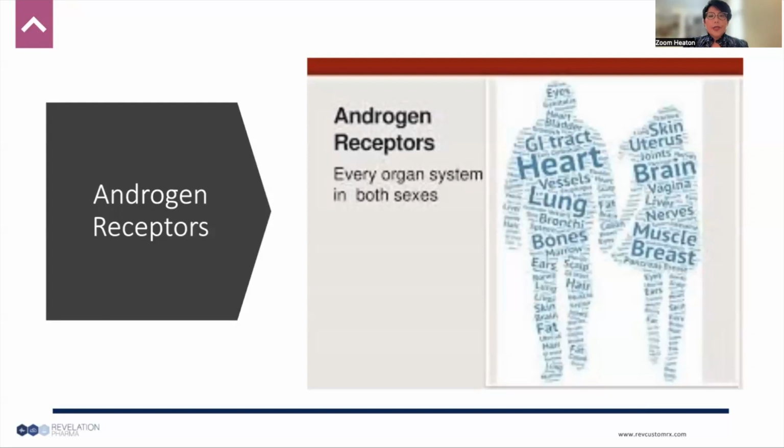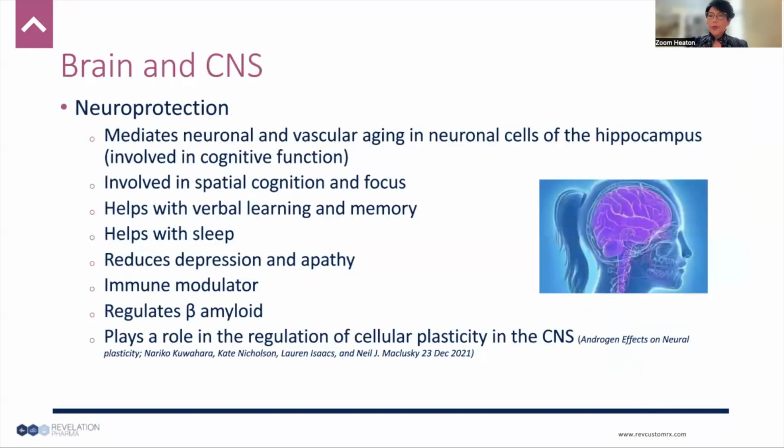There are androgen receptors all over the body. It is in every organ system in both men and women. And as a result, the testosterone has a function at those androgen receptors in every organ system in both sexes. So androgen receptors are located throughout the brain and the nervous system.